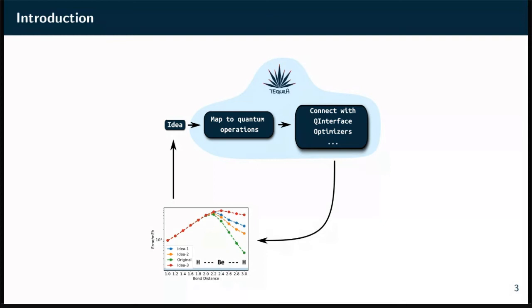For example, if you pull the 2 hydrogens apart, which is a double dissociation, so a breaking of 2 bonds, which is already not so simple to describe theoretically. So you see, for example, in that plot, that's the error plotted. And you see the original already has problems when the bond dissociates.